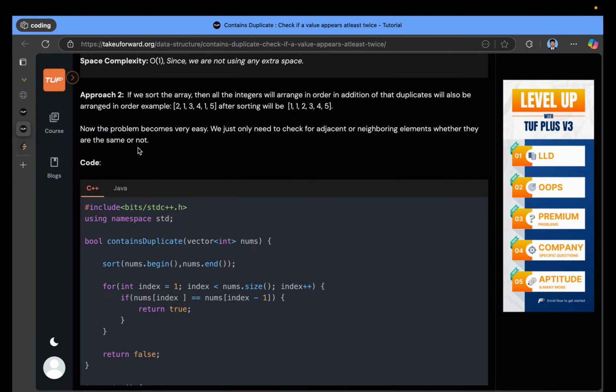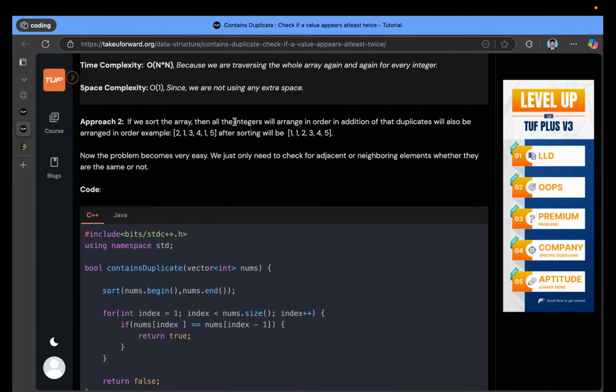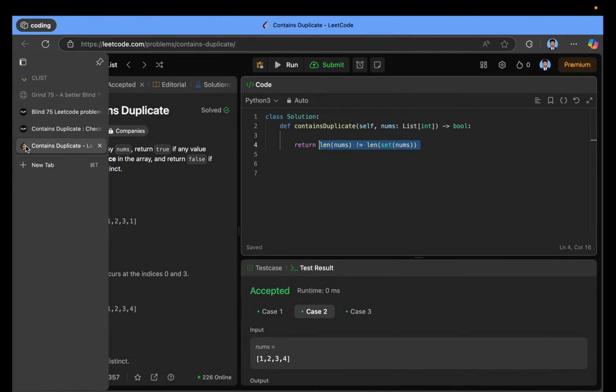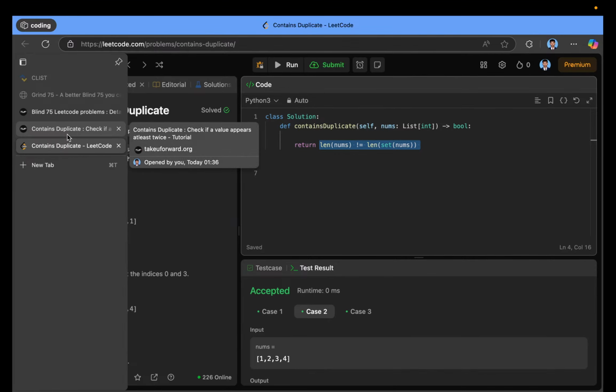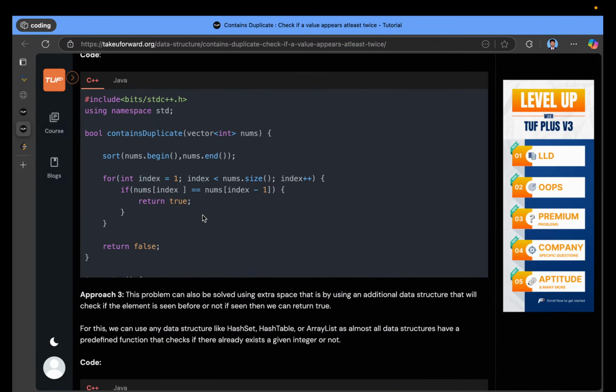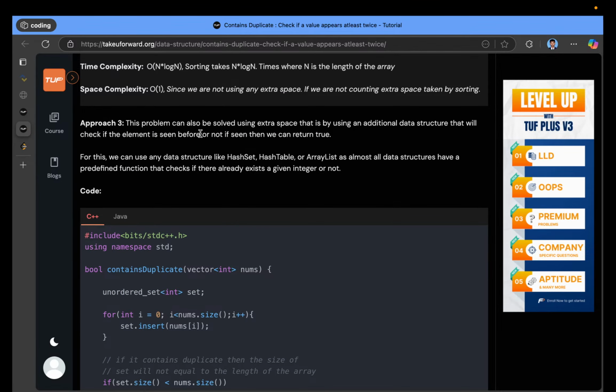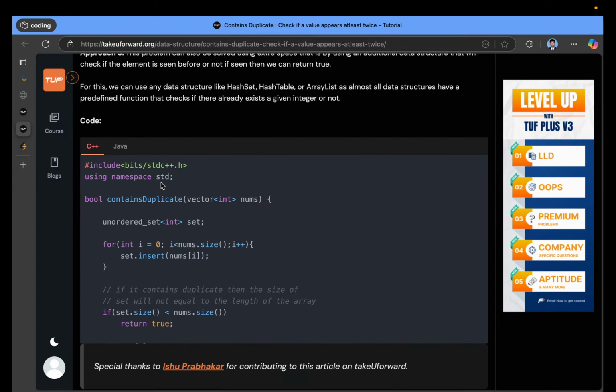Yeah, that is possible, but why should I sort when I am already getting the solution in O(n)? If I sort, then it will take O(n log n) time. Let's go with the third. The problem can also be solved using extra space, by using an additional data structure, yeah, this I am using: a set, unordered set.